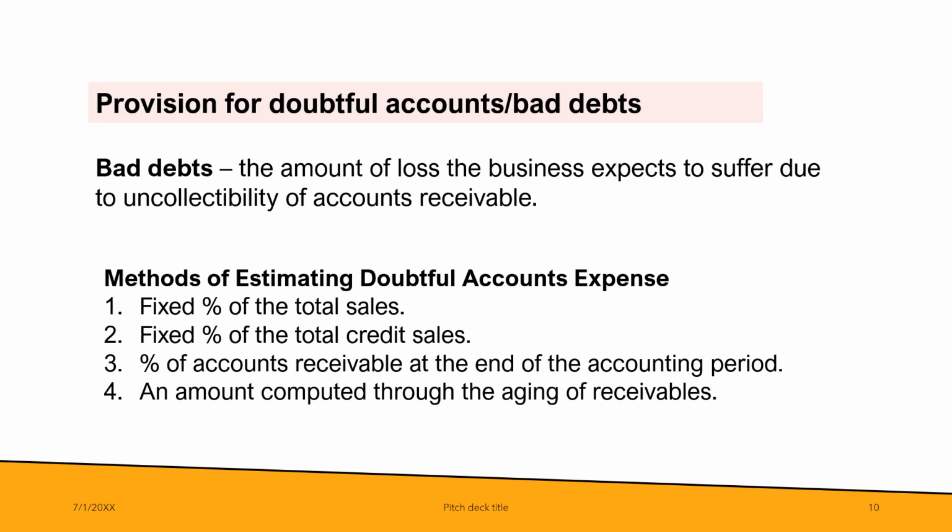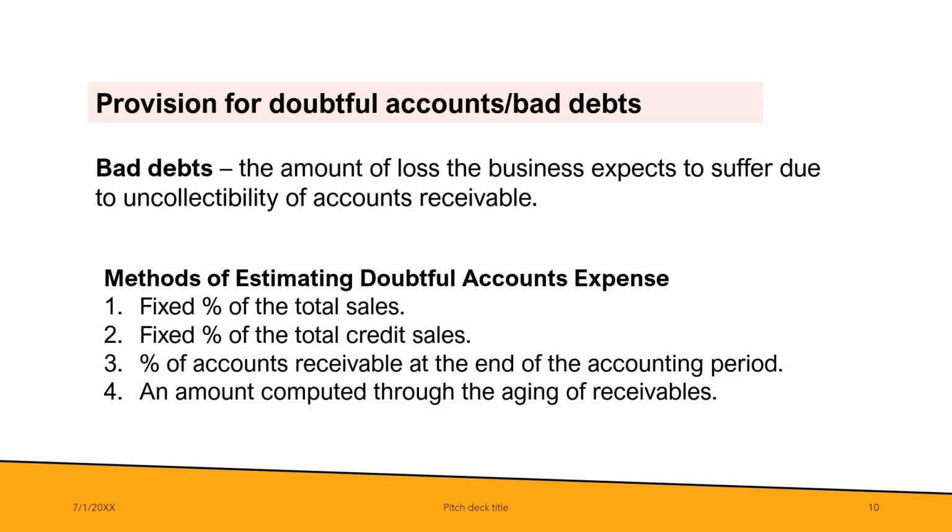For number one, whatever is the amount you computed, the same with your number two, will be your debit to doubtful accounts expense and credit to your allowance for doubtful accounts.